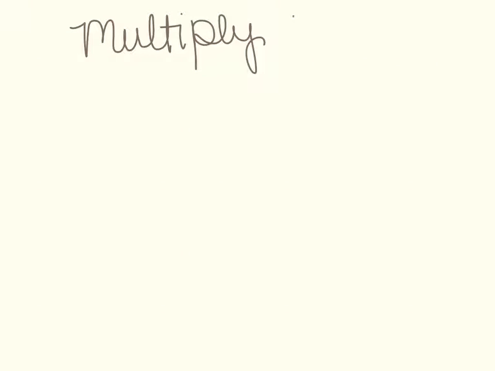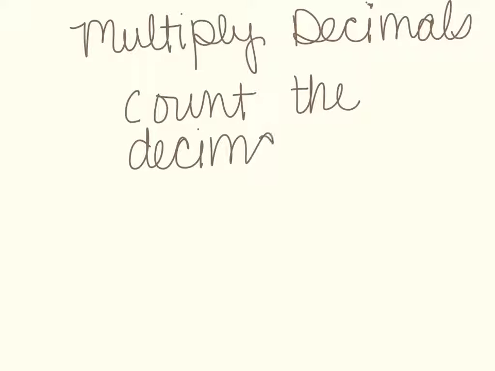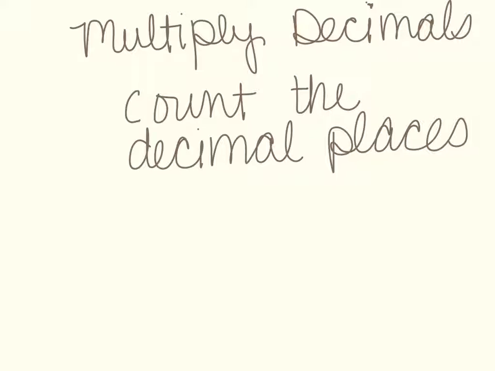So let's go ahead and actually write the rule down: multiply decimals, count the decimal places after multiplying.